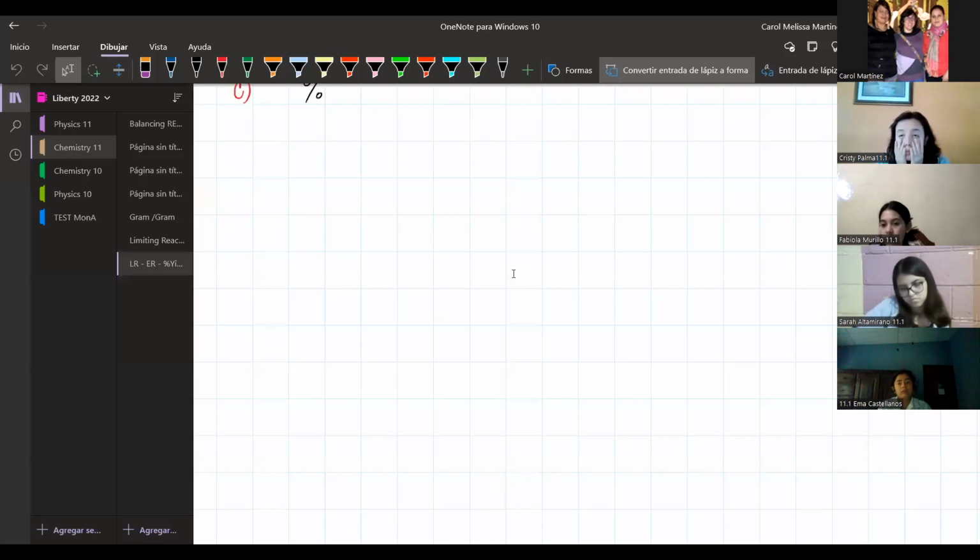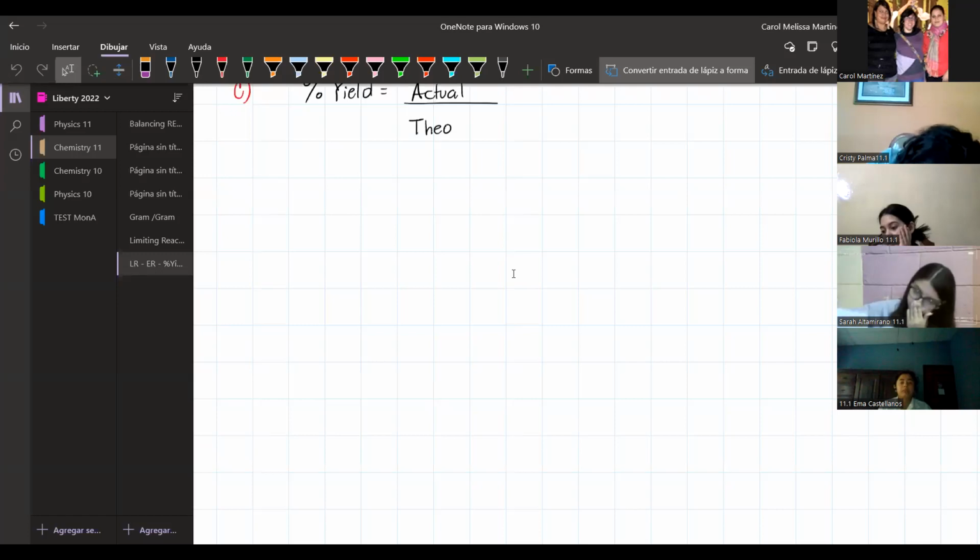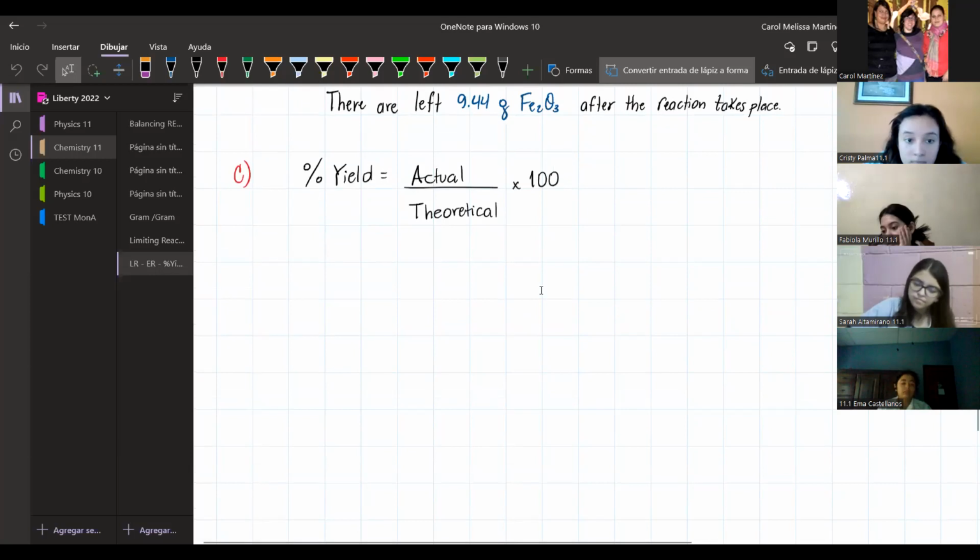Percent yield is equal to actual divided by theoretical times 100. In this exercise, they are giving me the percent yield, and you know the theoretical yield, and you need to look for the actual yield. So we need to isolate.